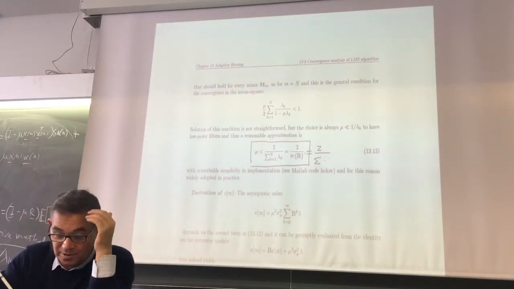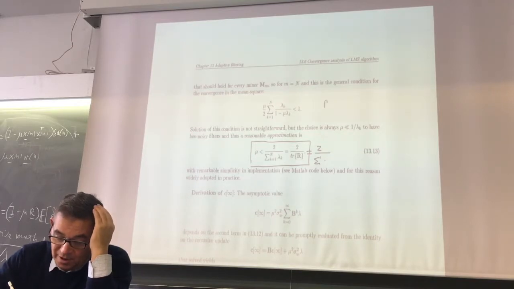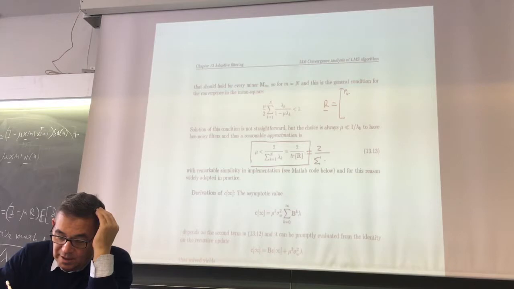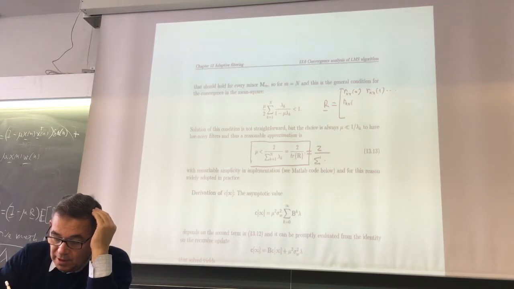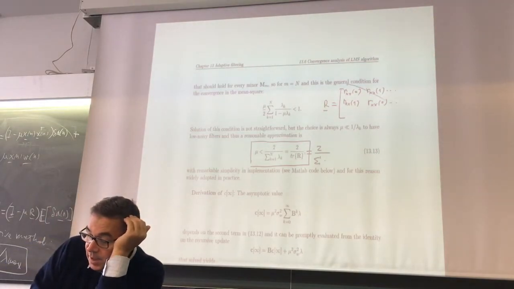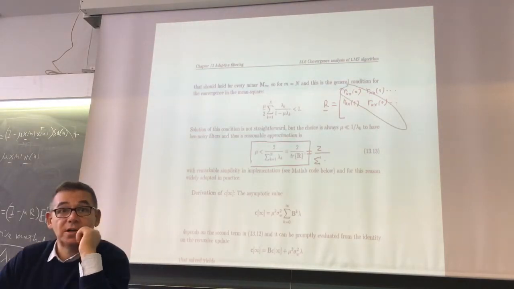So mu is 2 divided by the sum along the diagonal, the trace. Let me write here. What is R? R is Rxx0, Rxx1, Rxx1. Oh, you did the intermediate exam. So if this one is stationary, I'm picking up all the terms there.